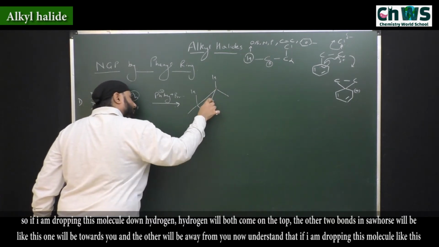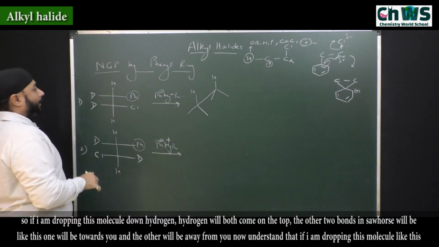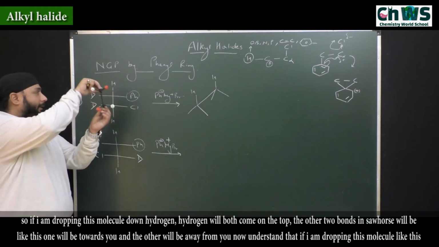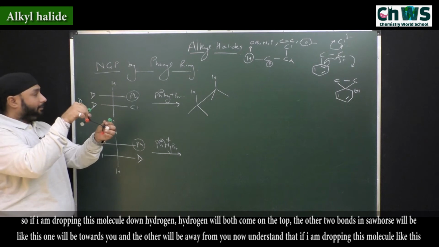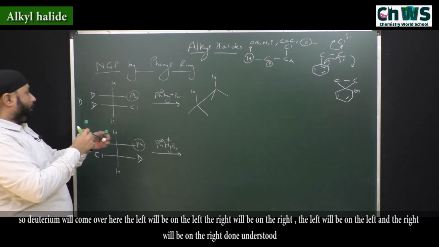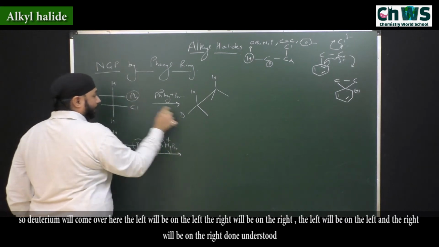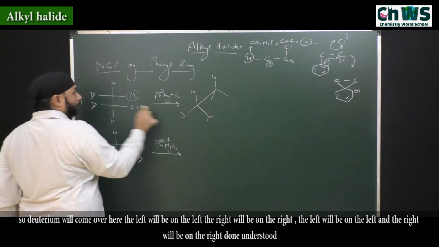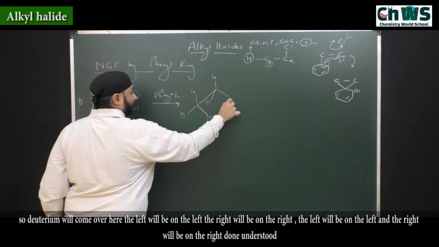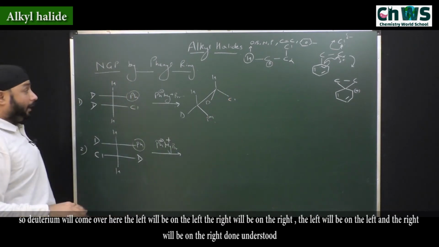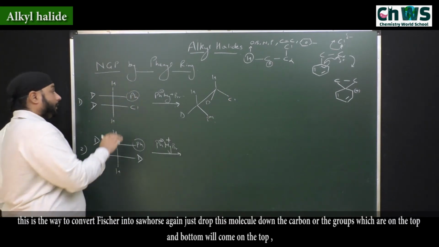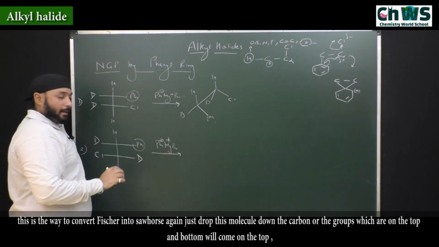One will be towards you, other will be away from you. Now understand, if I'm dropping this molecule like this and just bringing it like this, deuterium will come over here. The left will be on the left, the right will be on the right. Done? Understood? This is a way to convert Fischer to sawhorse.